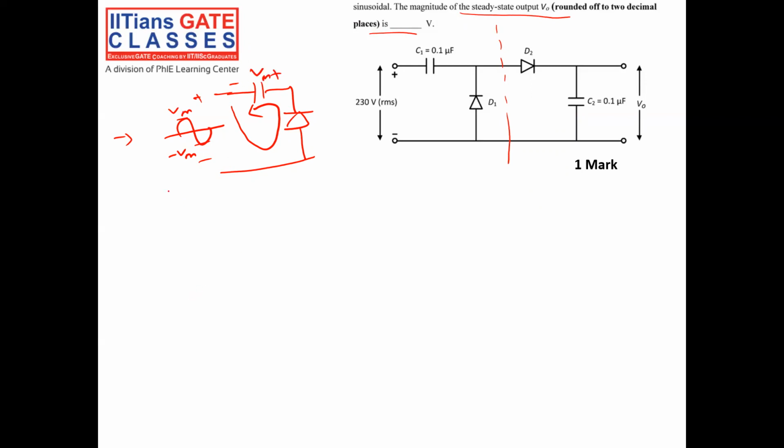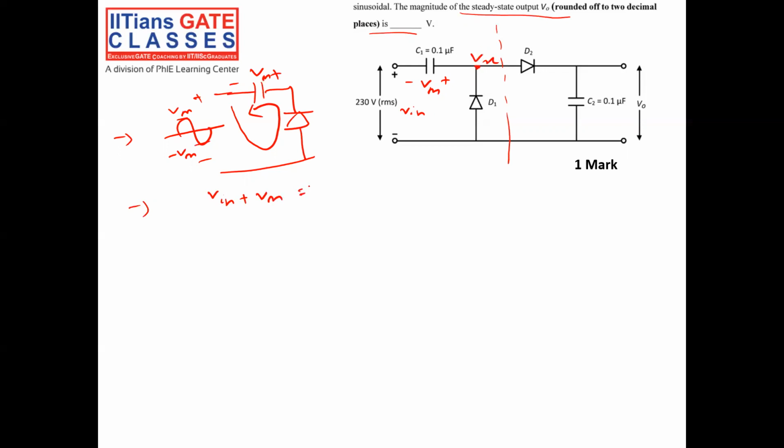Okay, now what will happen? After it has charged to Vm, now you see the voltage here. Voltage here is nothing but Vin plus Vm. Vin plus Vm is Vx.